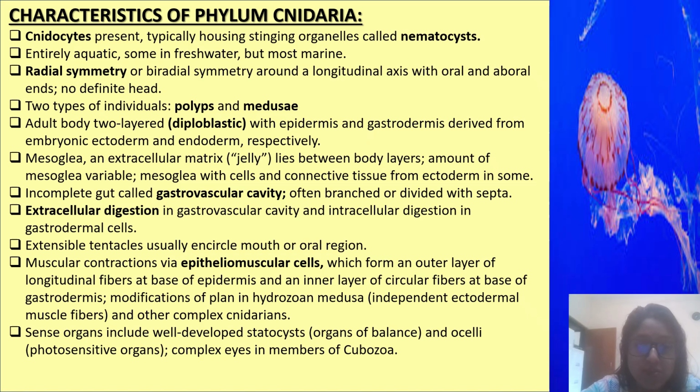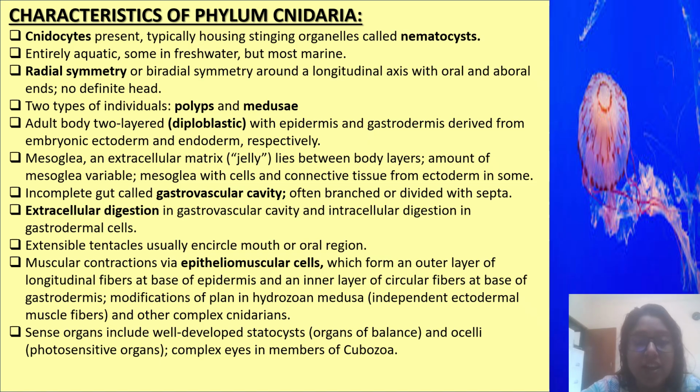Extensible tentacles usually encircle the mouth or oral region. Muscular contraction via epitheliomuscular cells, which form an outer layer of longitudinal fibers at the base of the epidermis and an inner layer of circular fibers at the base of the gastrodermis.